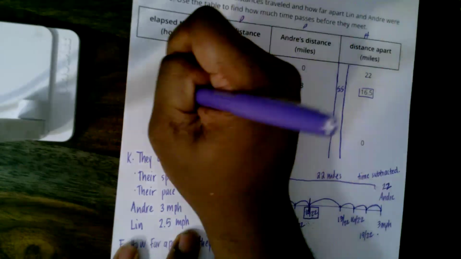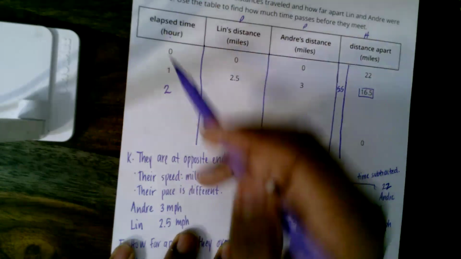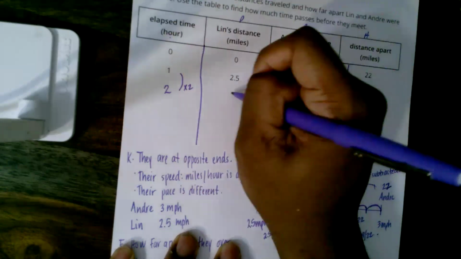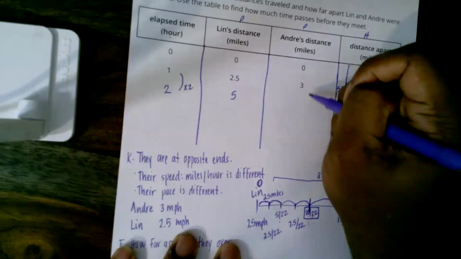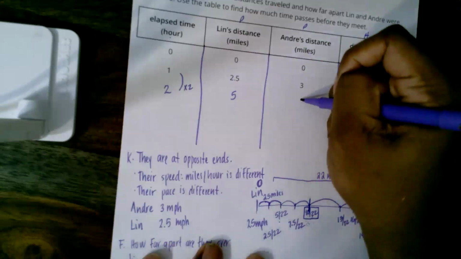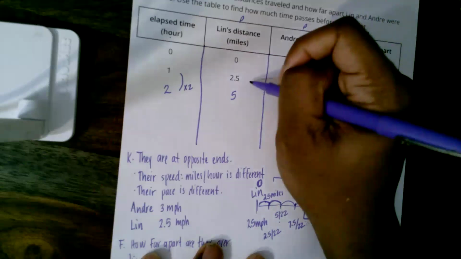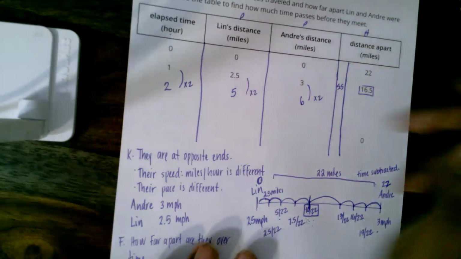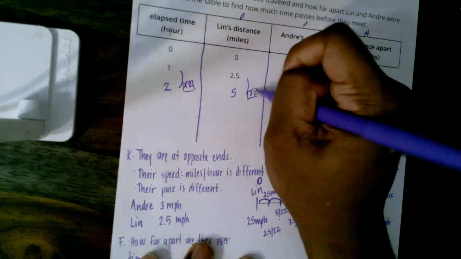So let's look at 2 hours. To get from 1 to 2, we multiply by 2. So we know that this is 5, which makes sense here. And we know that this is 6. The 2 represents the hours, that's the constant.